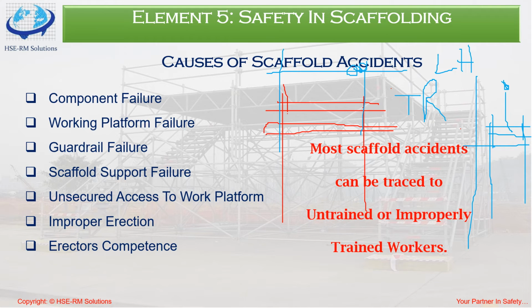Always make sure you're working on the topmost, never in between, never ever in between. Because what happens when a scaffold collapses? You will be a sandwich. And trust me, friends, it's a very bad situation. This is why you should always prefer working on the topmost working platform.